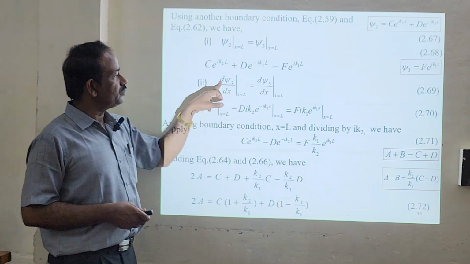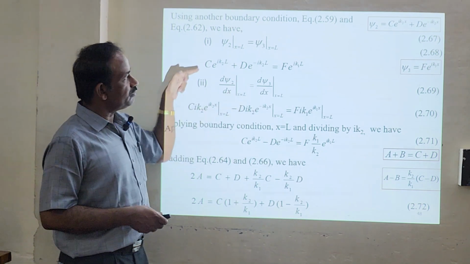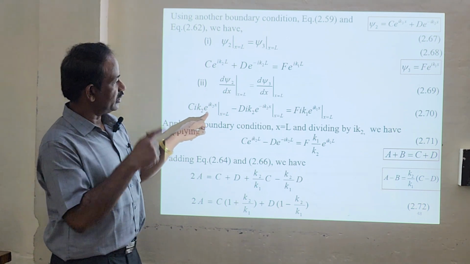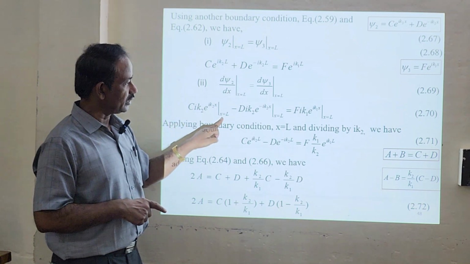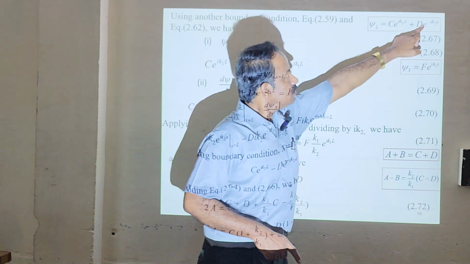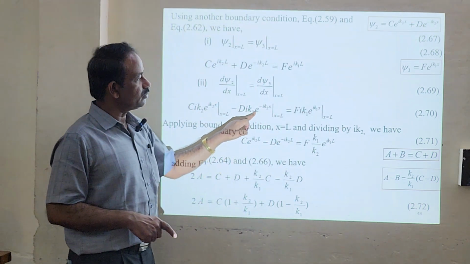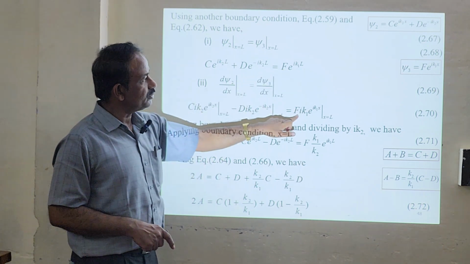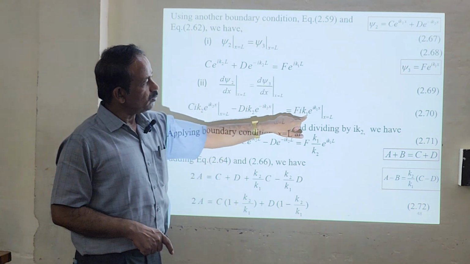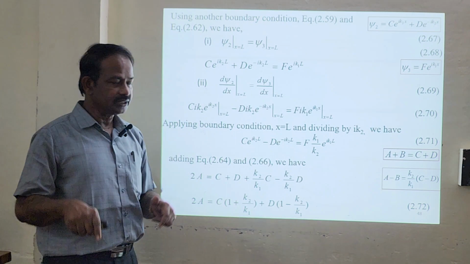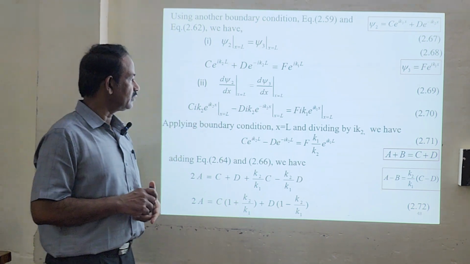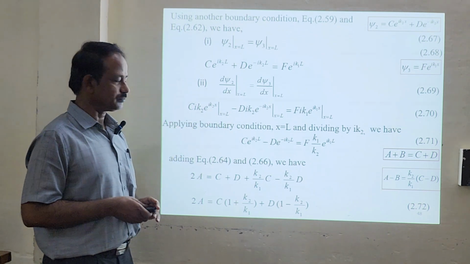Differentiating, that will give you C ik2 e power ik2x at x equal to L minus D ik2 e power minus ik2x at x equal to L, equal to F ik1 e power ik1x at x equal to L. You substitute L for x.